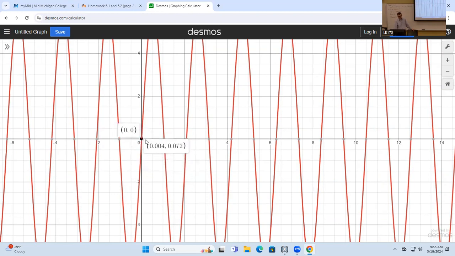Is it positive or negative? Notice how as you go through the origin, you go from left to right, your point moves up. That means the A is going to be positive. If it went the other way, the A would be negative, left to right going down through the origin.